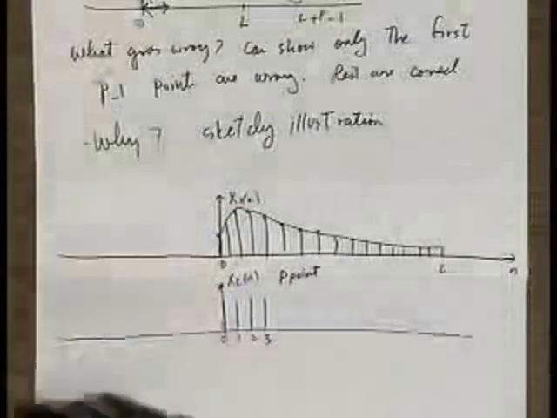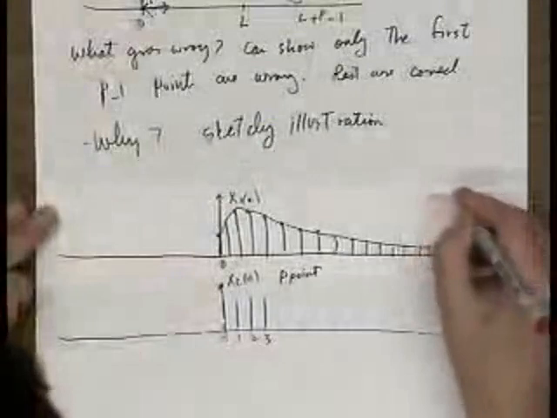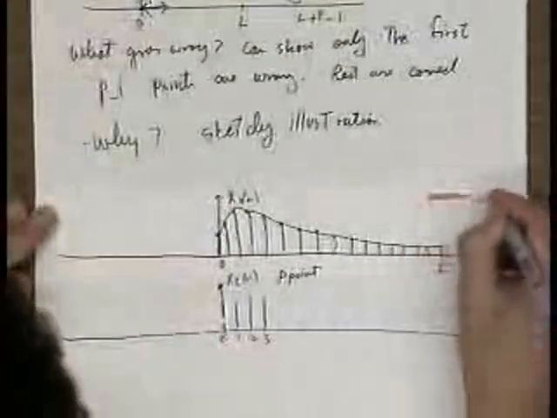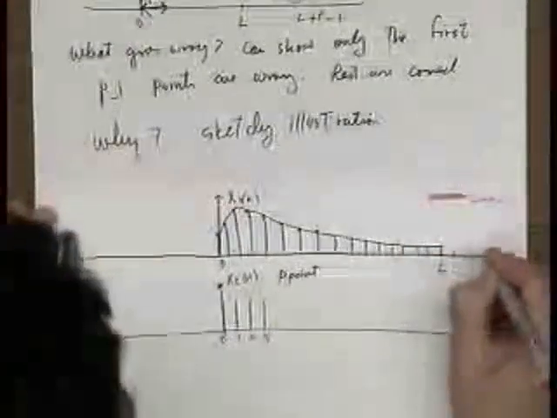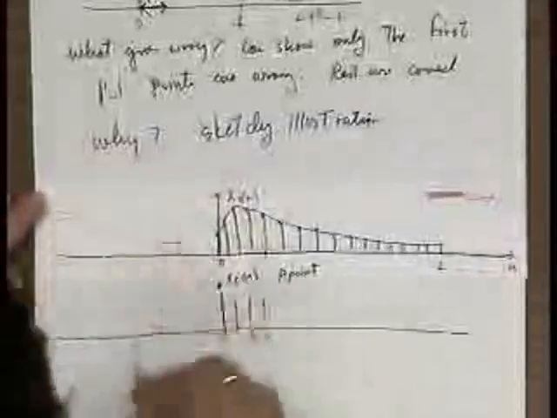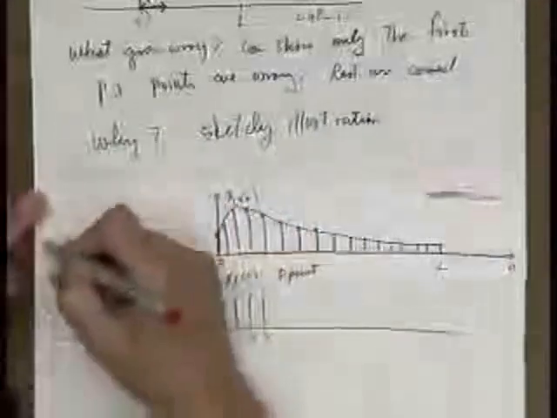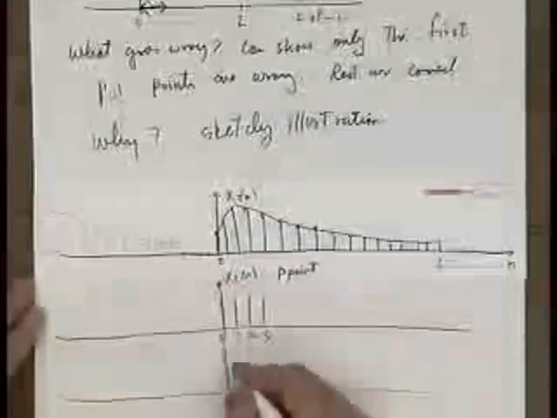So I'm going to draw this thing twice. If I do L plus P minus 1 point, I add zeros here, and then I repeat this guy here. Then I start doing circular convolution of this with that, which would mean flipping this guy over.